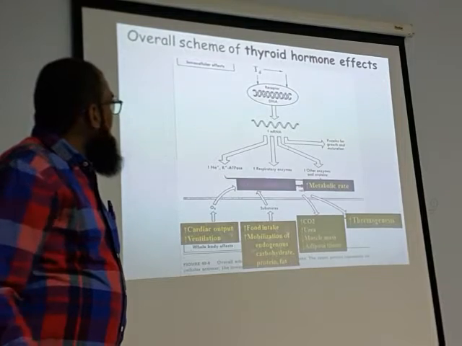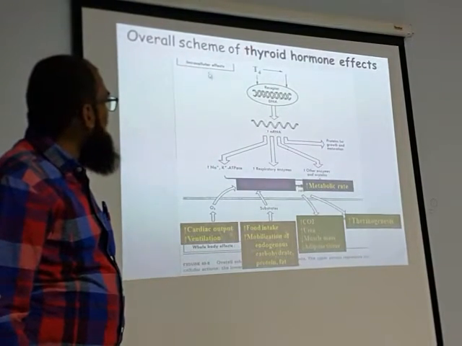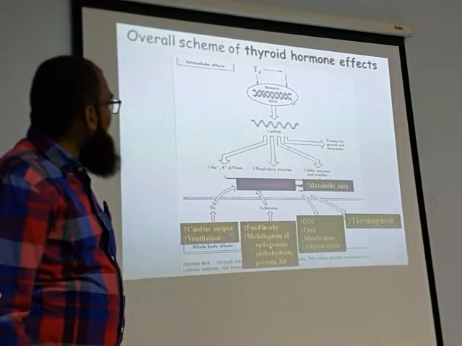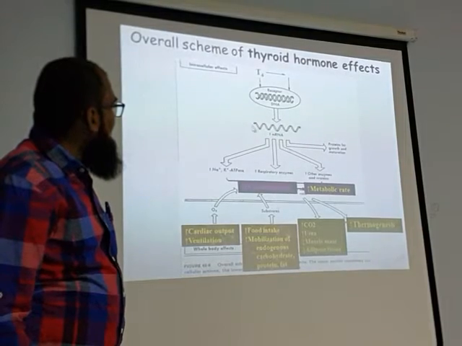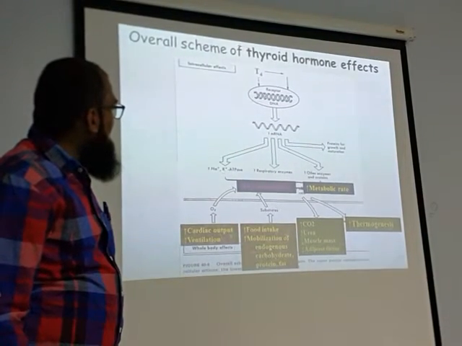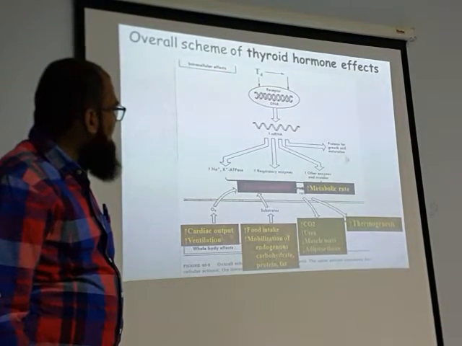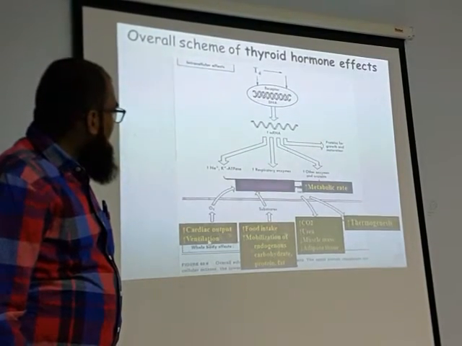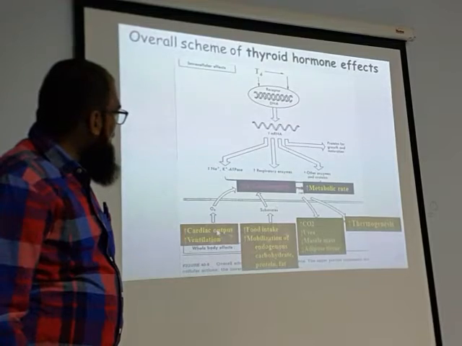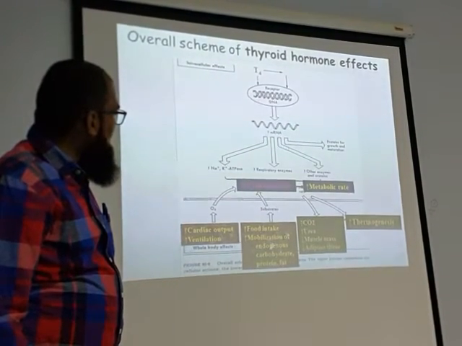Here is the overall scheme of thyroid hormone, the mechanism of action showing how it acts. This is the receptor for T4 in the nucleus. It increases the synthesis of mRNA, which leads to increased respiratory enzymes, other enzymes, and proteins for growth and maturation. Ultimately there is increased cardiac output, increased ventilation, increased food intake, and mobilization of carbohydrate.